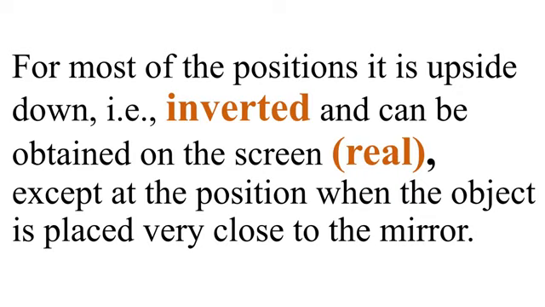For most positions, the image is upside down, that is, inverted, and can be obtained on a screen. We know such images are called real images, except when the object is placed very close to the mirror.